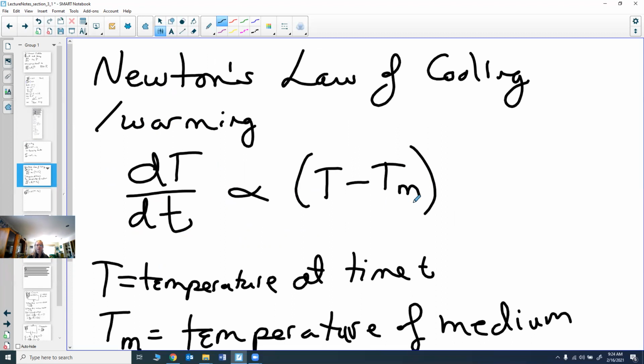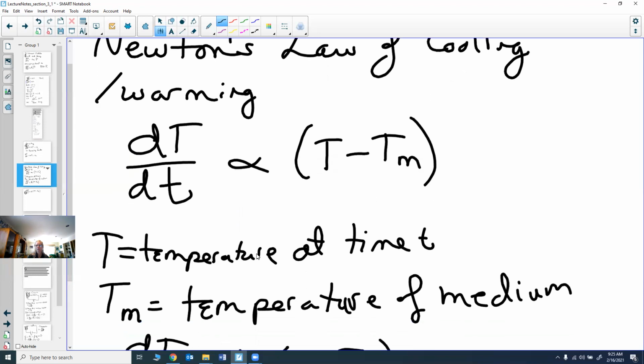So if you put a cold glass of water in a warm room, then the farther away that cold glass of water is from the temperature of the room, the faster the rate of change is going to be. And then as the temperature gets closer and closer to the temperature of the room, the rate of change will actually be slowing down. And that's why we say it's proportional.